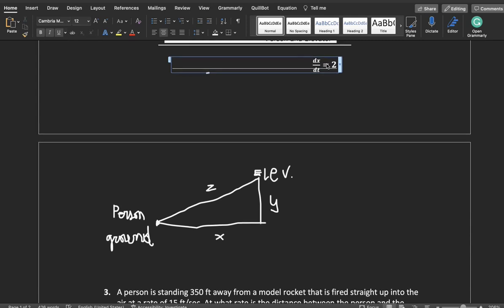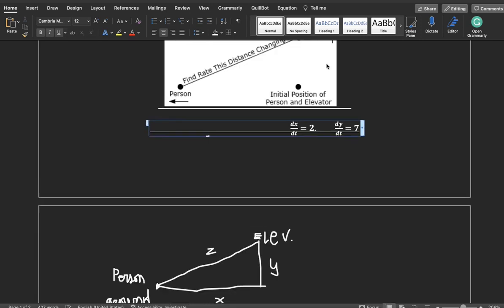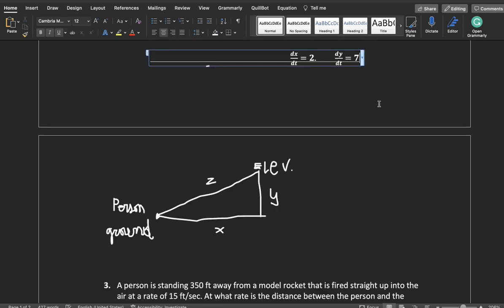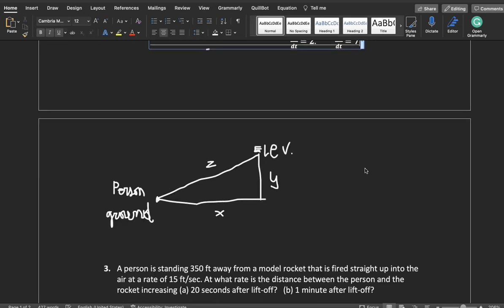So we're given that dx dt is equal to 2, but we are also given that dy dt is equal to 7, right? And what they're asking us is the rate at which the distance between the two people is changing. So what's the actual distance between the two people? Well, that's the z here.